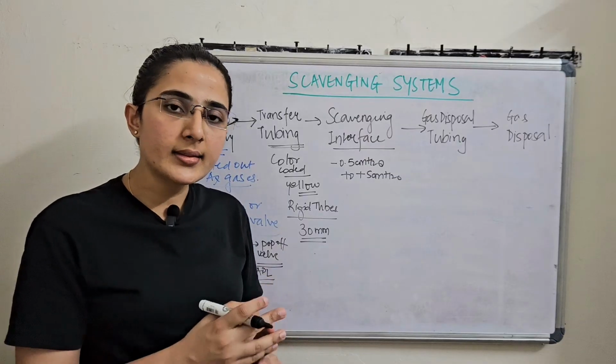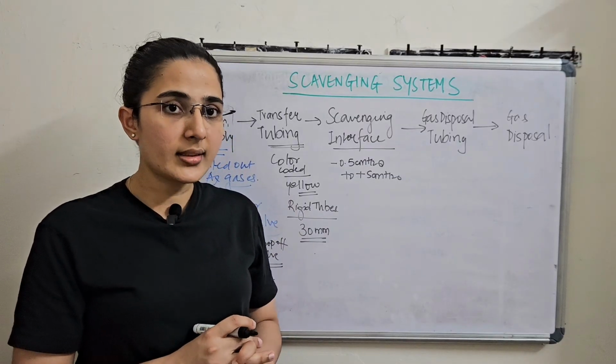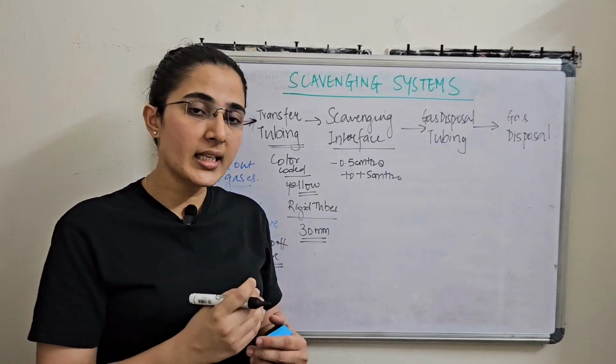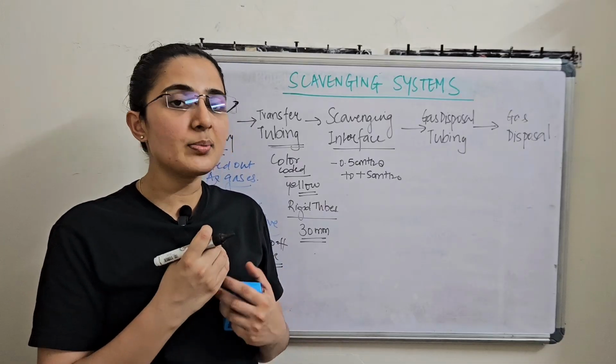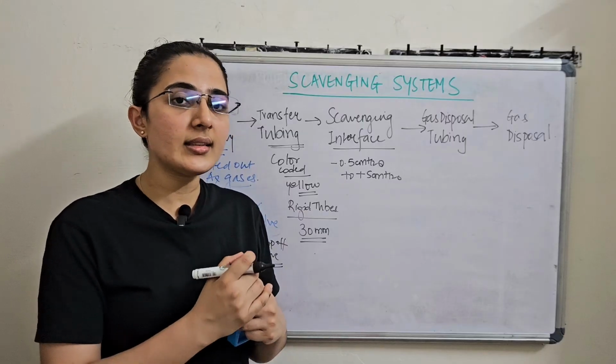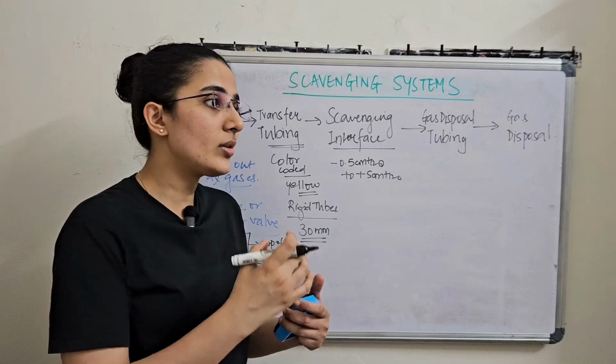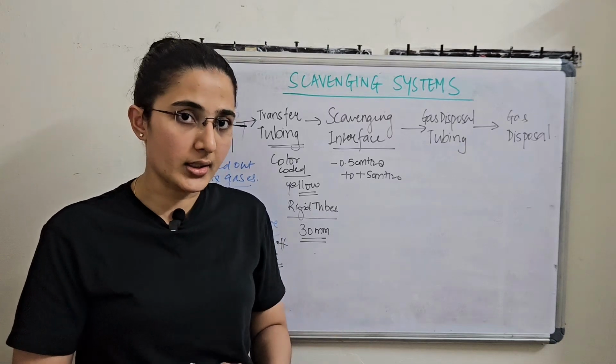Some of them will also contain a reservoir bag in order to ensure that even if very little anesthetic gas is being produced, negative pressure is not produced within the scavenging system that may cause gas to get withdrawn from the patient circuit.